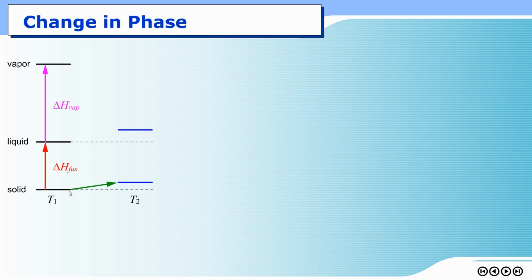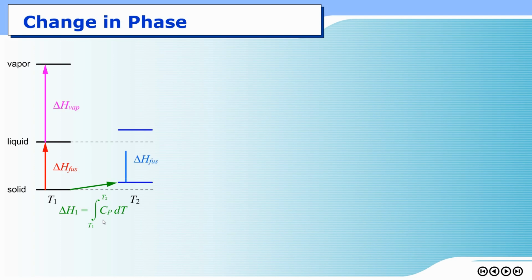The conversion here from ice at -5 to ice at 0 degrees Celsius is called sensible heat, and it can be calculated based on the integration of heat capacity with respect to temperature. So delta H1 here is called sensible heat, and Cp here is supposed to be Cp of solid ice.